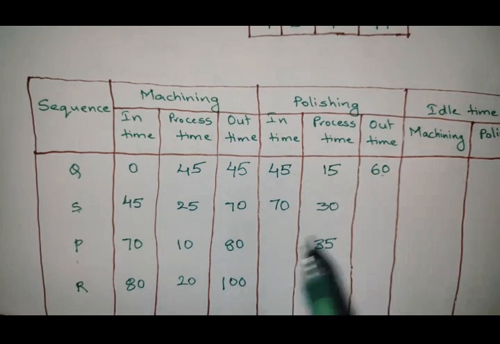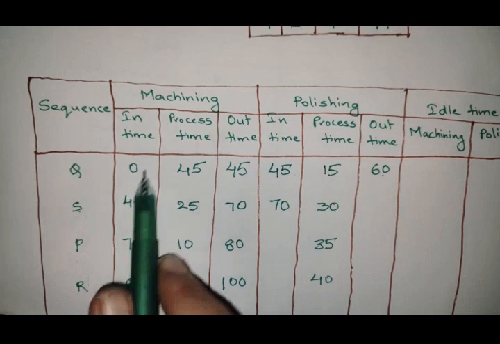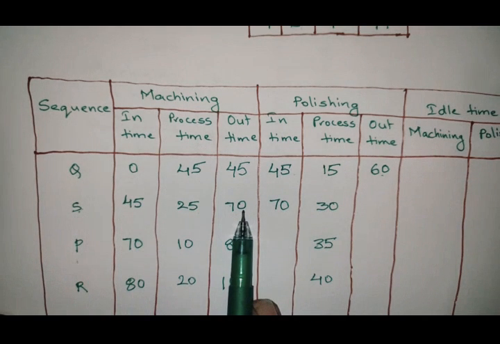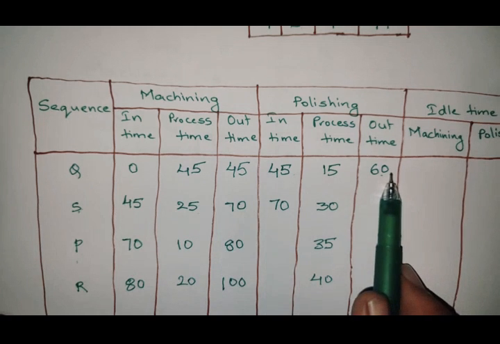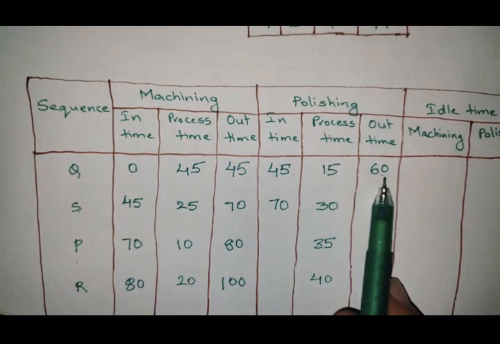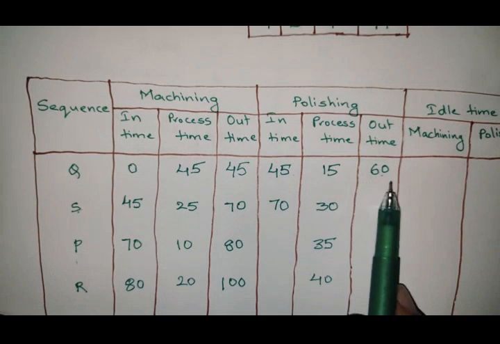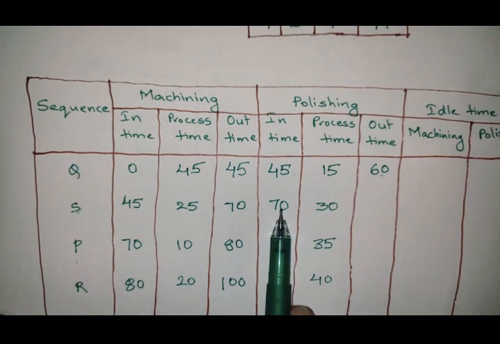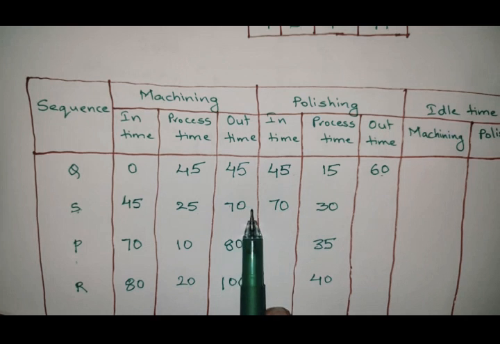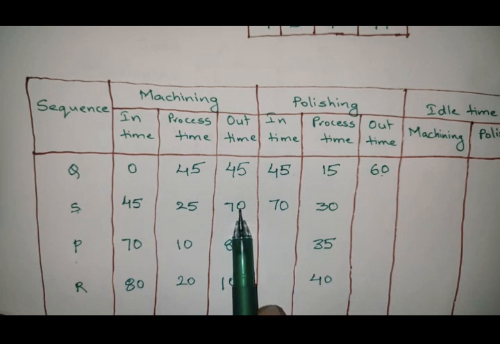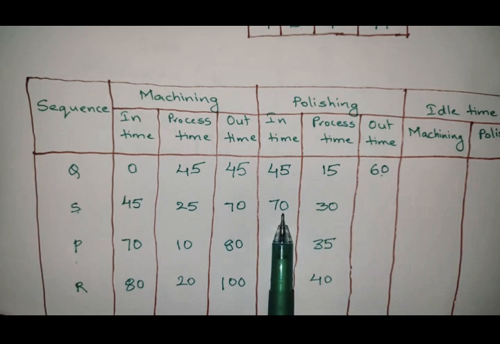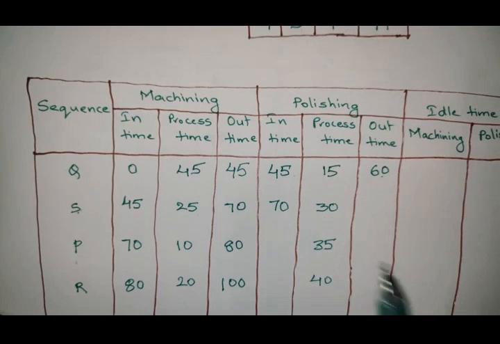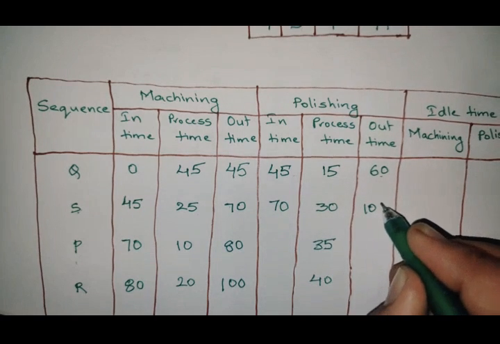Why? Because job S completes the machining process at the 70th hour only. But at the 60th hour, job Q completes the polishing, and job S can't go to polishing, because it completes the machining at 70 hours only. So we need to write the maximum of 70 and 60 here. So now the out time will be 70 plus 30, 100.